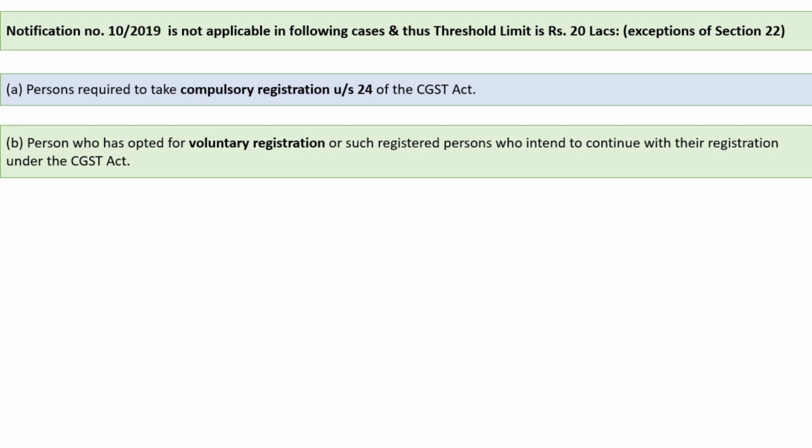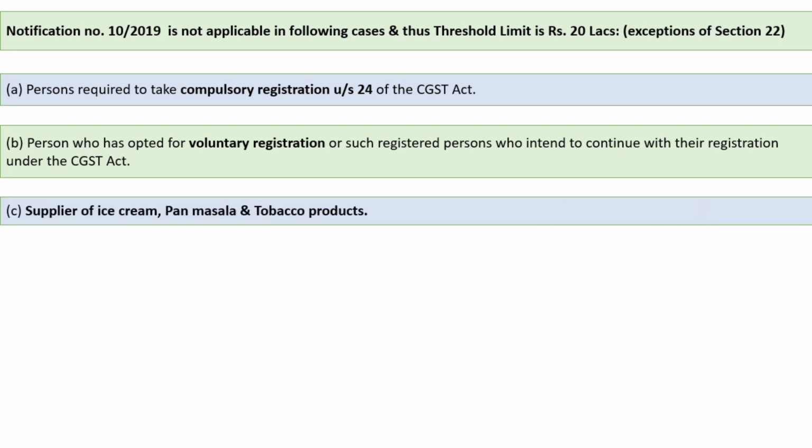For example, if his aggregate turnover is only rupees 5 lakh and he is not crossing the limit of 20 lakh, 10 lakh or 40 lakh, but he wants voluntary registration, then in that case the limit is not applicable because he goes for voluntary registration. So that is why it is known as an exception of section 22.